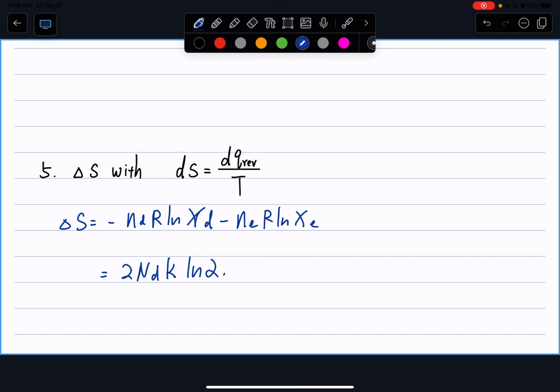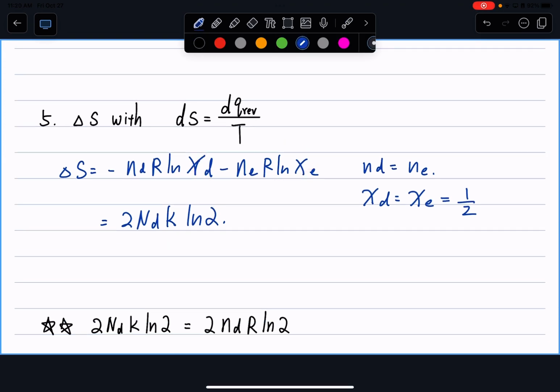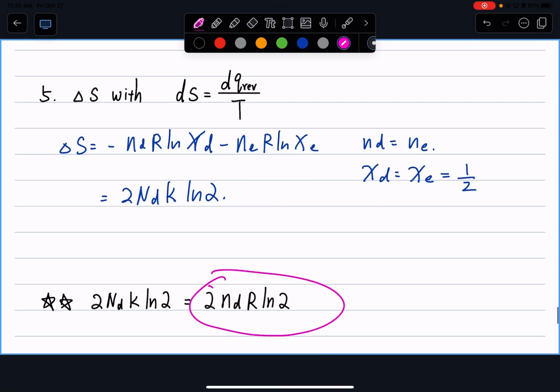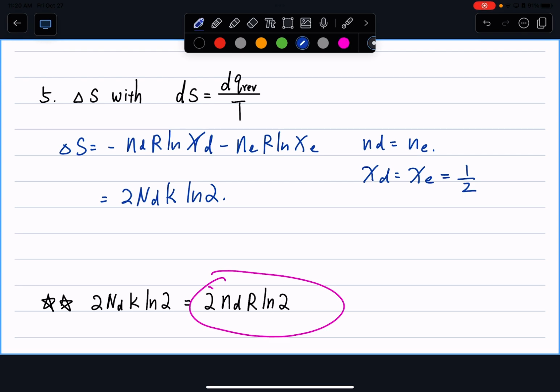And for your chi_D and chi_E, we're assuming that n_D equals n_E, so chi_D equals chi_E equals 1/2 in this case. So what we end up getting, using this top relationship, is this one here, with the number of moles and your gas constant. And if we're using the probability theory, we have this relationship, and they equal each other.